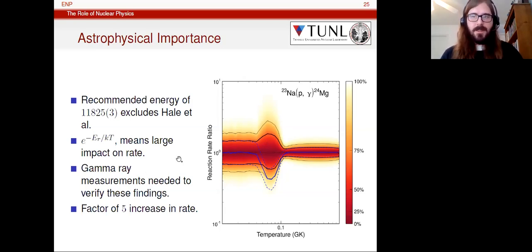But this can't really be the end of it, because again, the two most precise measurements so far are spectrograph measurements, and it would be nice to have some sort of gamma particle coincidence to pin all of this down and have a nice check on these measurements.